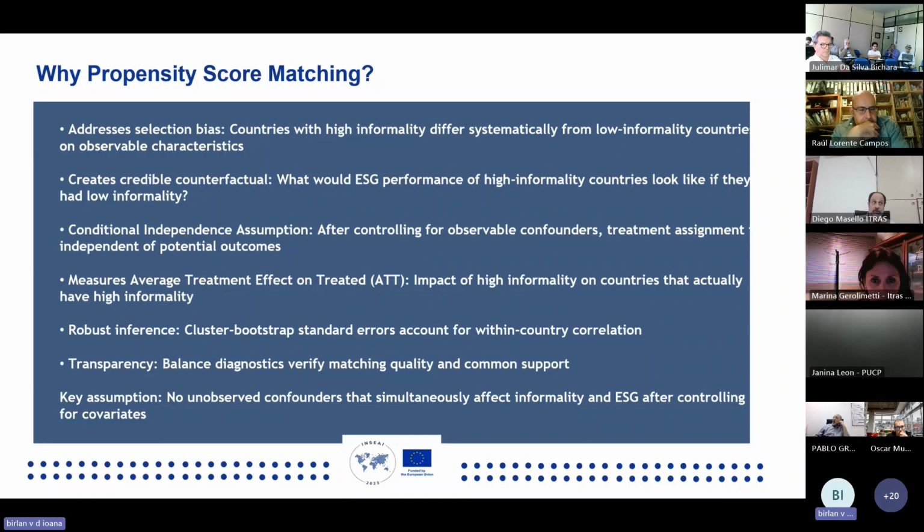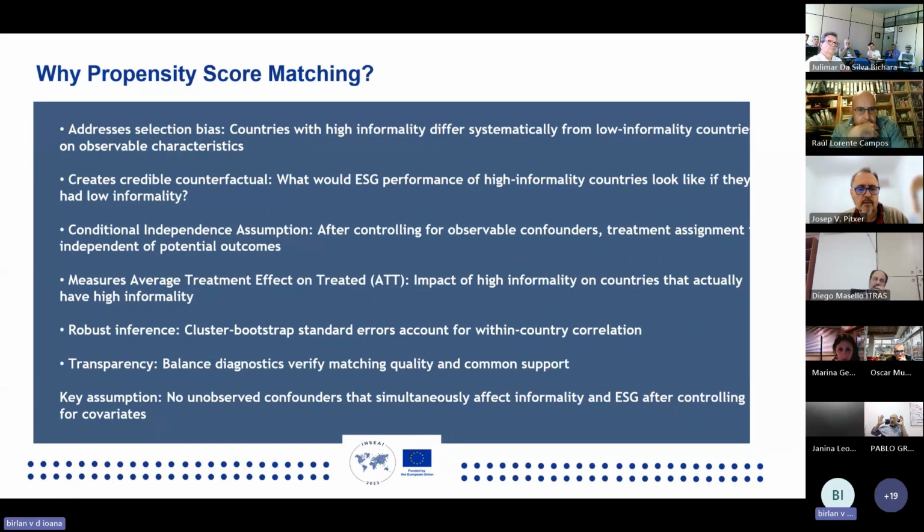We are comparing Romania to, let's say, Portugal, where we have similar economic indicators, but informality estimates differ. So what would happen to the ESG performance if high informal economies had low informality?